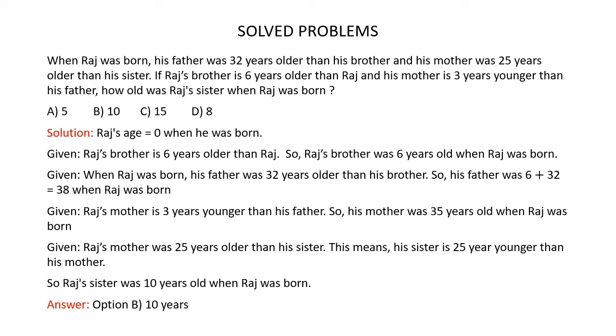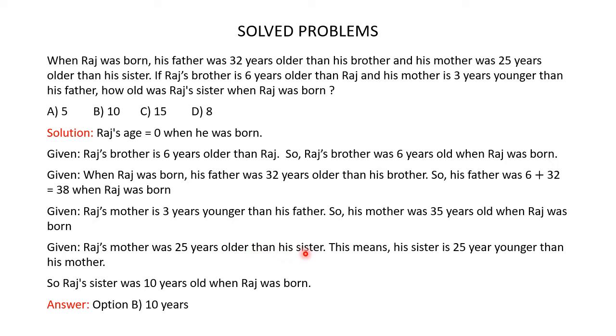It's given Raj's mother is 3 years younger than his father. We know that the father was 38 years old when Raj was born. So Raj's mother was 35 years old when Raj was born. It's given Raj's mother was 25 years older than his sister.